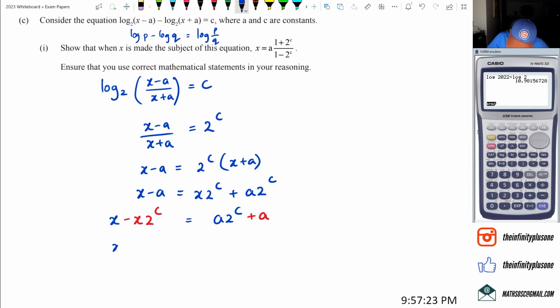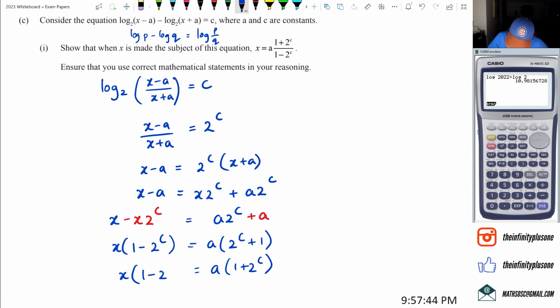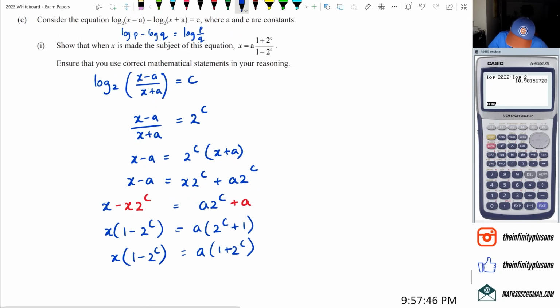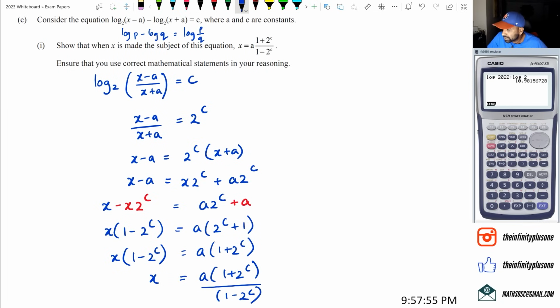And I'm going to take x as a common factor, so I'm going to get x times 1 minus 2 to the power of c equals a as a common factor, which means I'm going to get 2^c plus 1. Of course, I could rewrite this as 1 plus 2^c just to make it nice and pretty, as it is in the question. And my final step is x equals a times 1 plus 2^c divided by 1 minus 2^c.